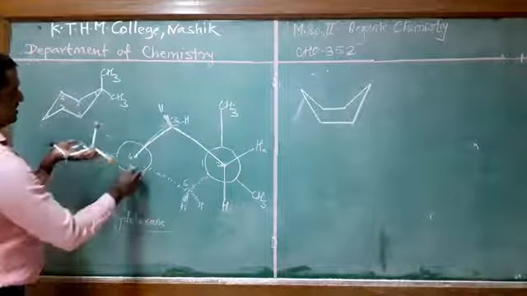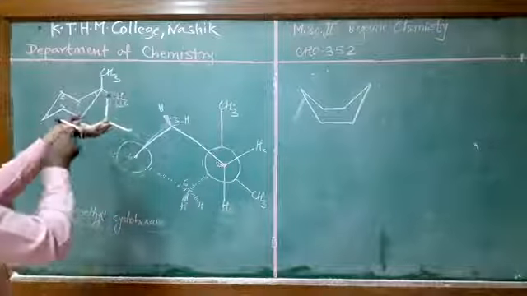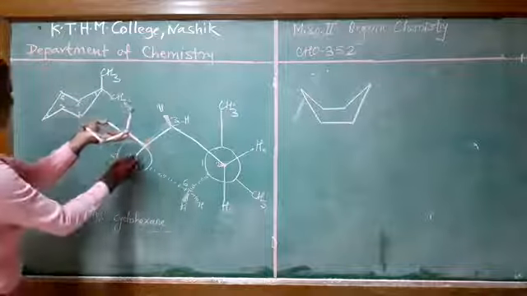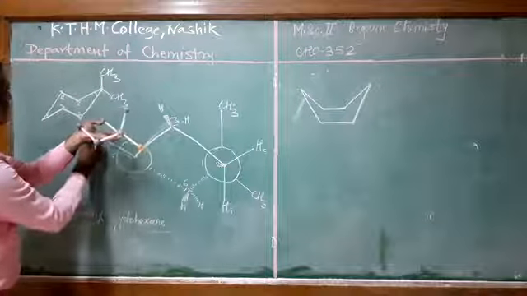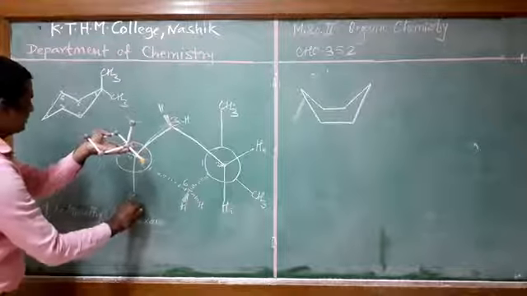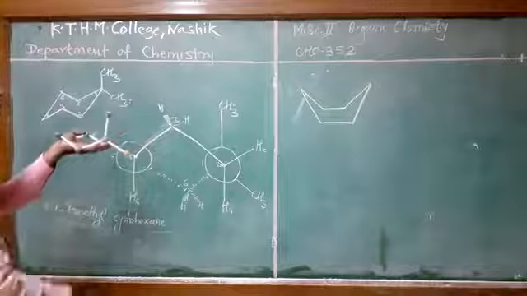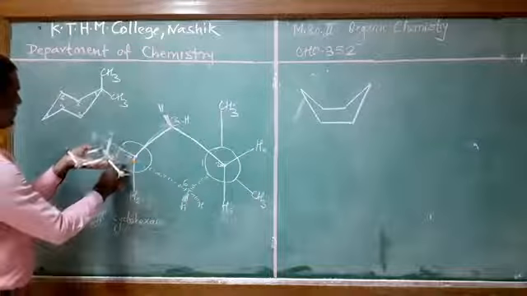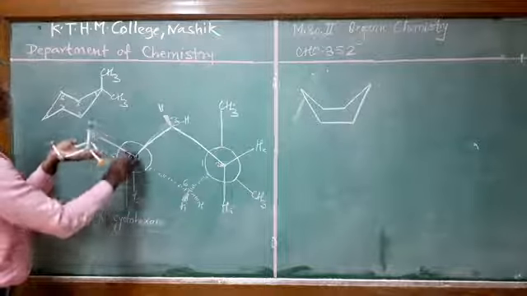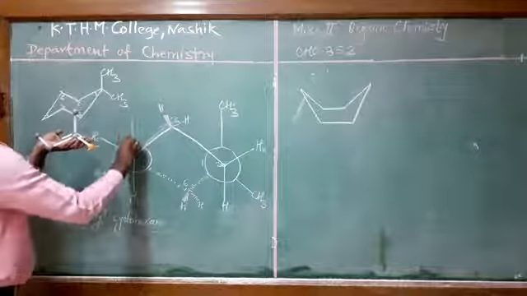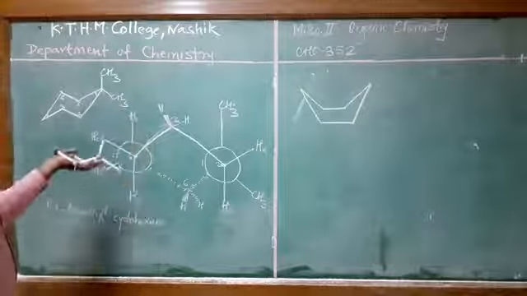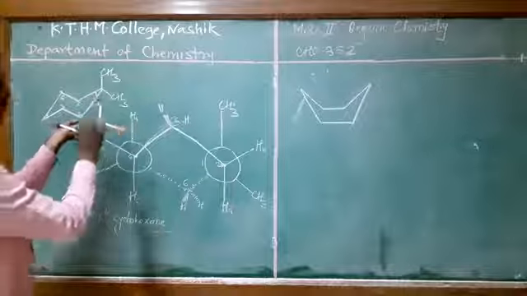Look at carbon numbers 2, 3 and 4: they have an upward equatorial hydrogen on the left hand side and a downward axial hydrogen. Carbon number 5 has a similar substitution, a downward equatorial hydrogen and an axial hydrogen.